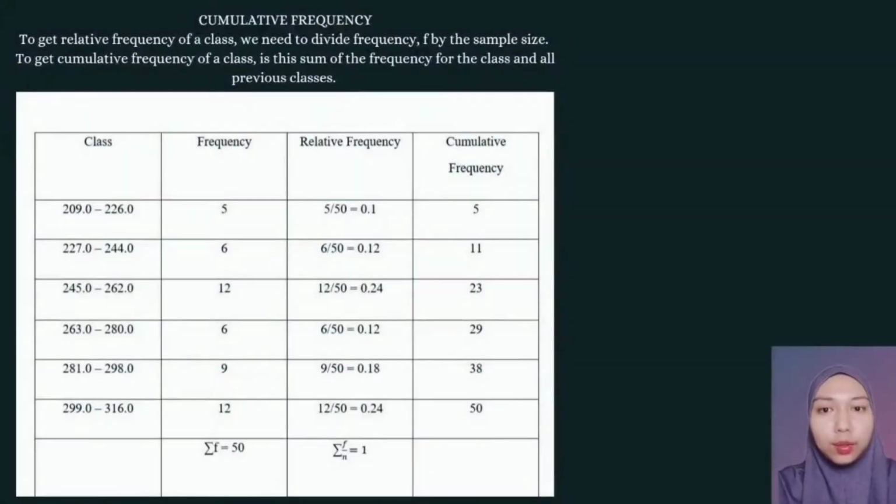Okay, for cumulative frequency, to get the relative frequency of a class, we need to divide the frequency by the sample size. The cumulative frequency of a class is the sum of the frequency for the class and all previous classes.